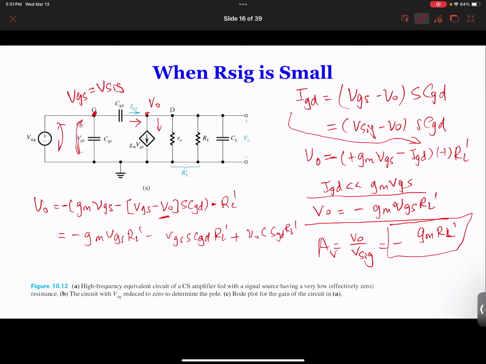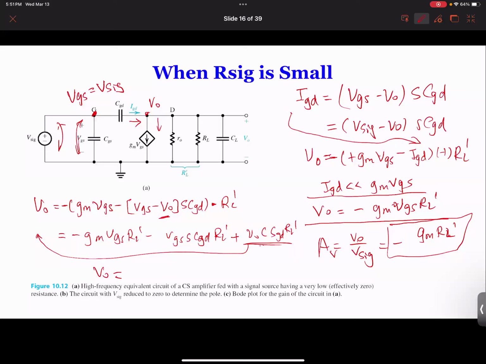So now you have this term on this side, and you have to move this term to this side in order to get VO. I'm not going to spend the time to write this anymore because this is just mathematical manipulation. Once you write VO, you can plot the equations.